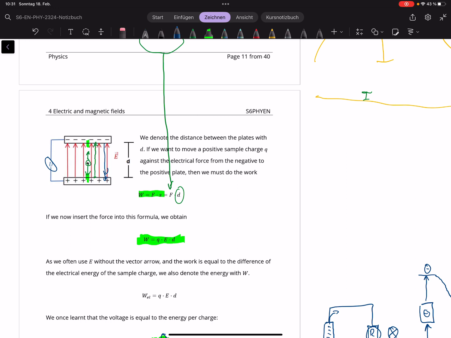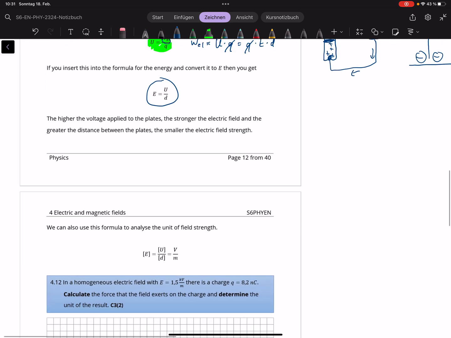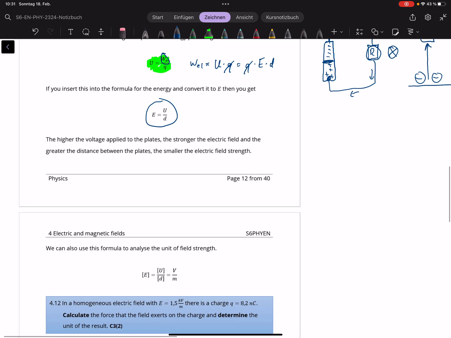But that would be later. We can put something between the plates, and we will learn that it even increases the electrical field.